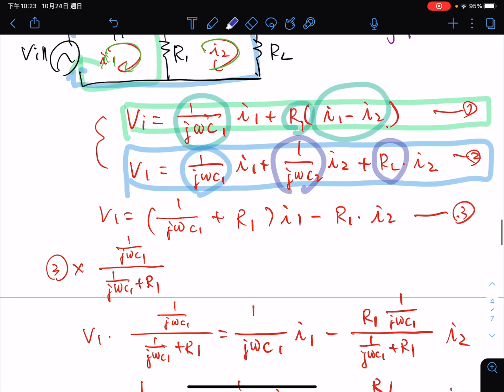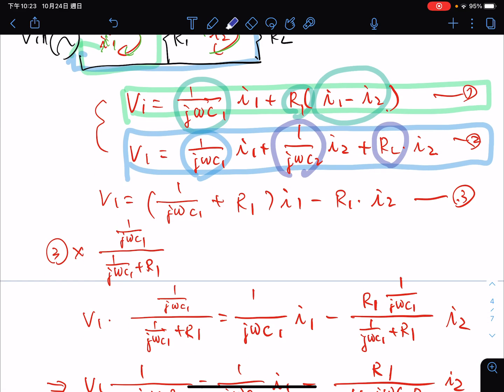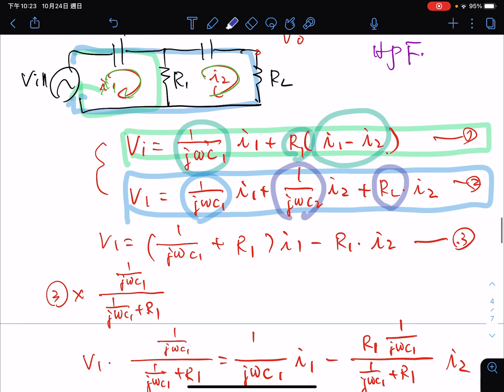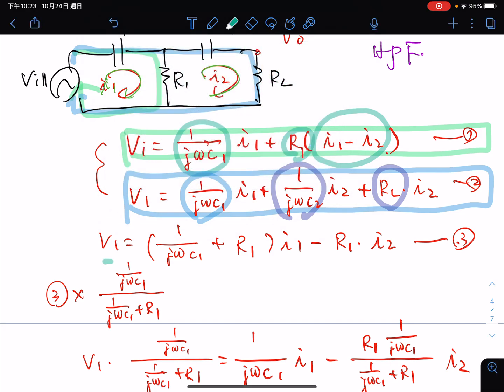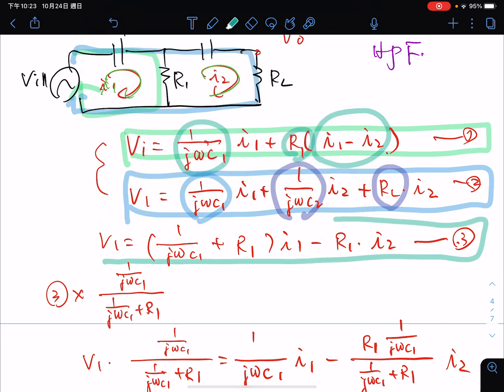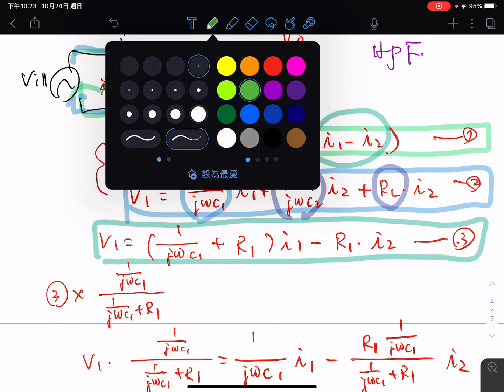And I try to rewrite equation one. After equation one is rewritten, this will be equation one here. And I try to eliminate I1. Why do I want to eliminate I1?